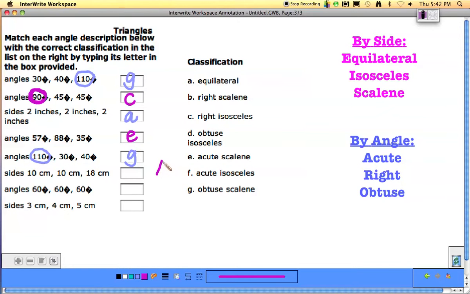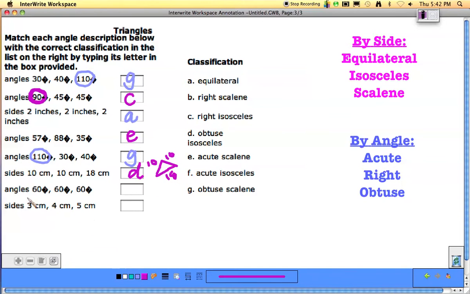Well, 18 is bigger than 10, so it's going to make this line here wider. So this is 10, this is 10, this is 18. And so what happens is it opens up this angle up here and it becomes very wide, greater than 90. So this is going to end up being an isosceles obtuse triangle. An isosceles obtuse, or an obtuse isosceles. Sometimes you have to draw pictures to really help you see what's going on, and that's totally fine. I think that's a great strategy.